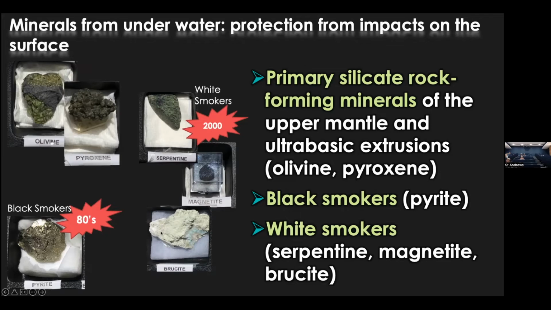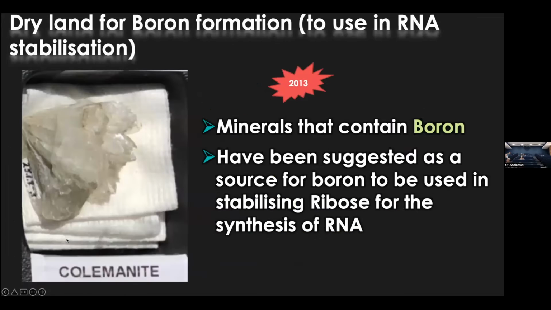And black smokers are represented by pyrite, because in black smokers you have a lot of pyrite forming in the depths of the ocean. The mineral to represent dry land and also to offer boron for the stabilization of RNA is colemanite.